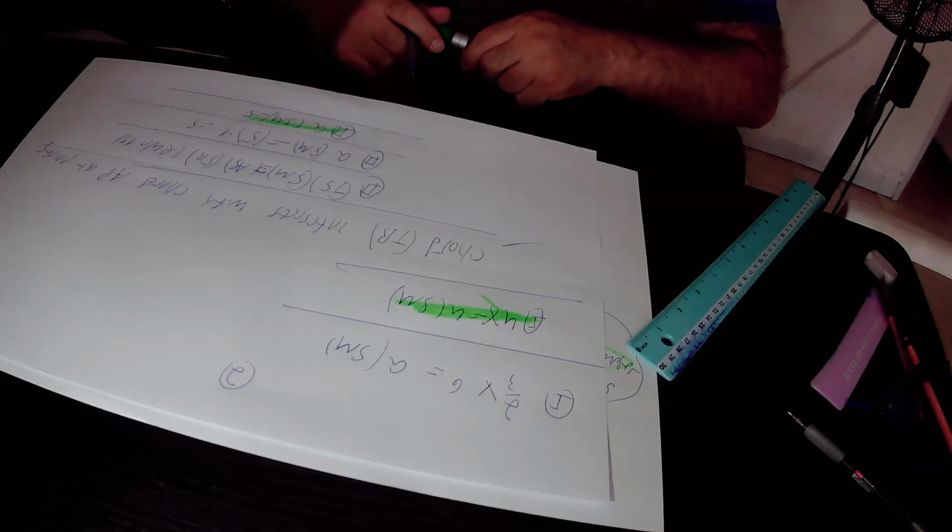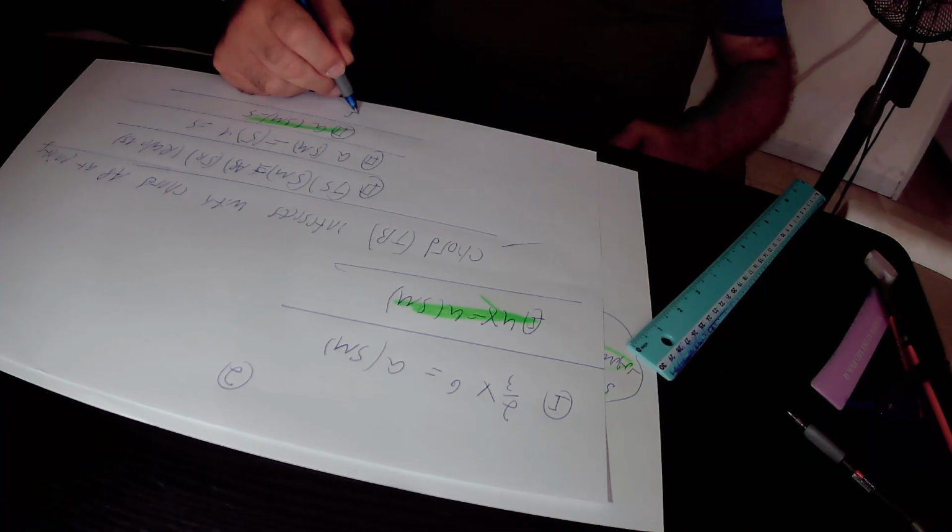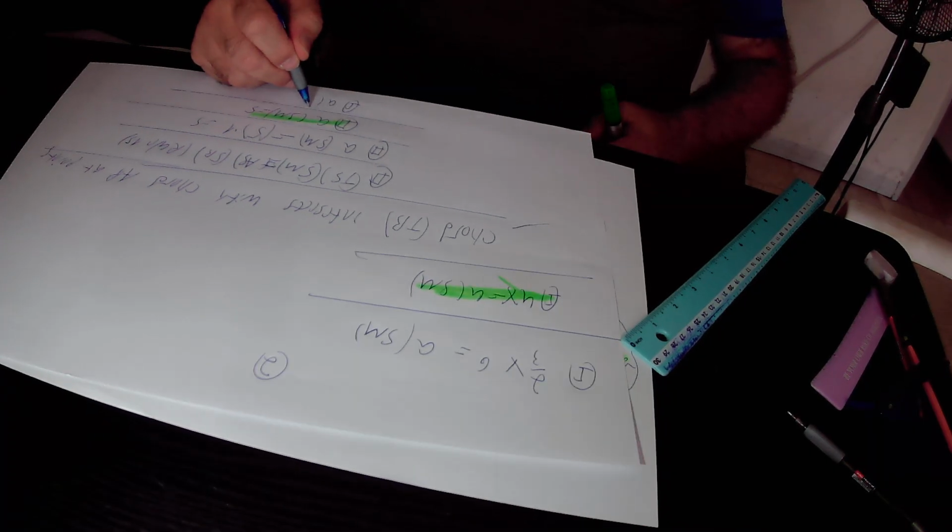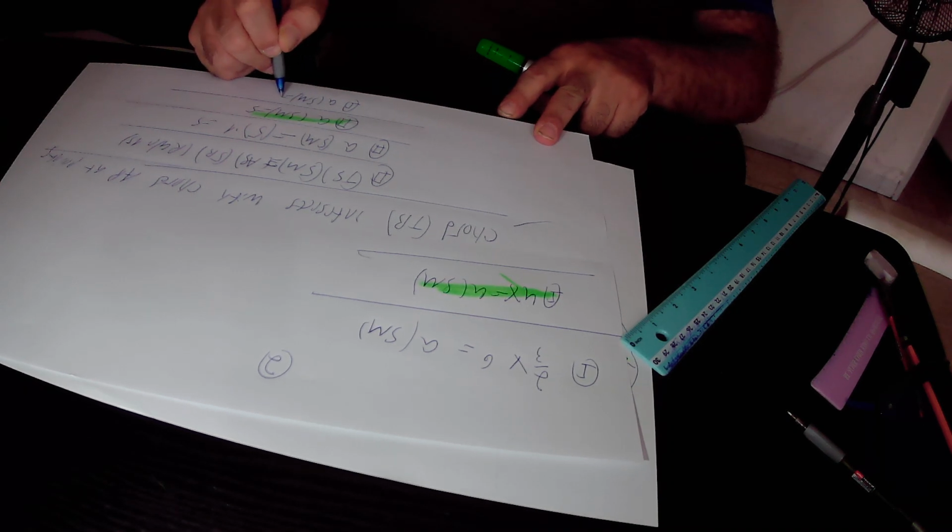So, I wrote it down. According to equation 1, A times SM is equal to 4x.